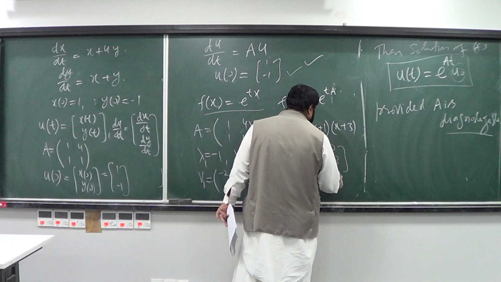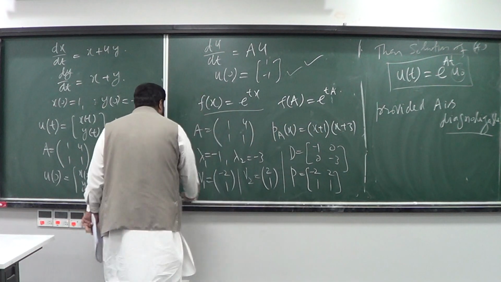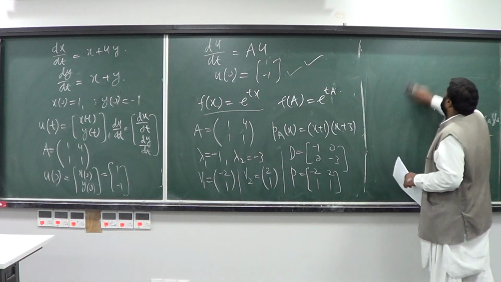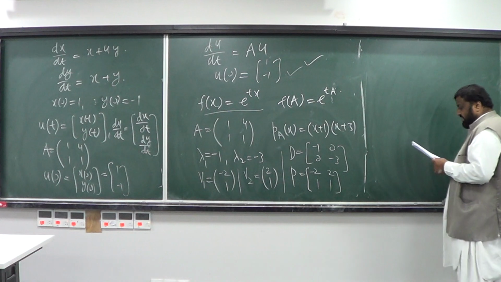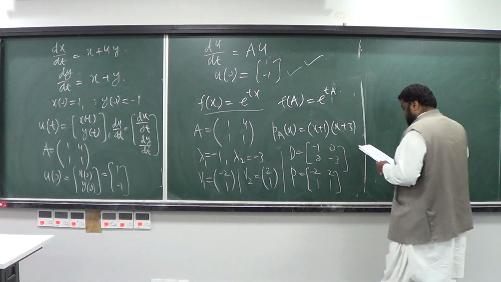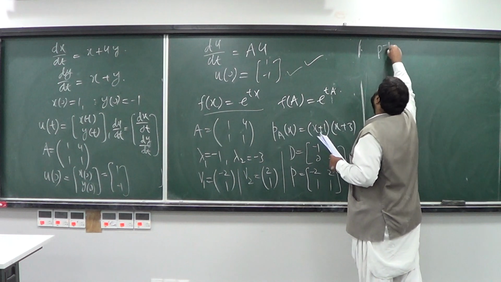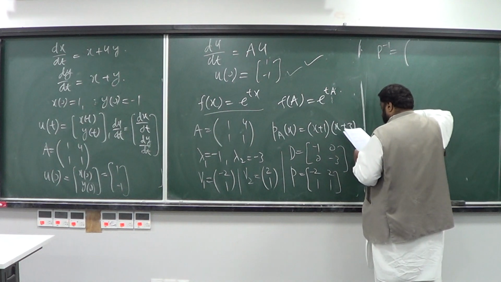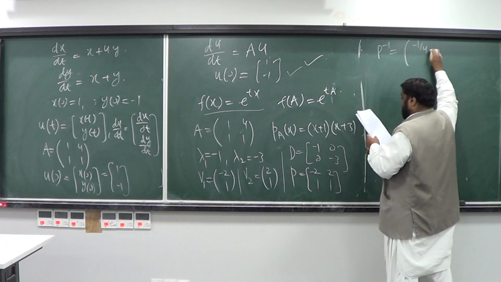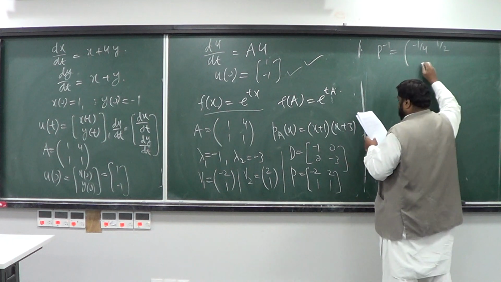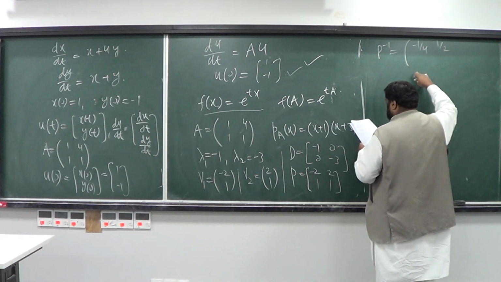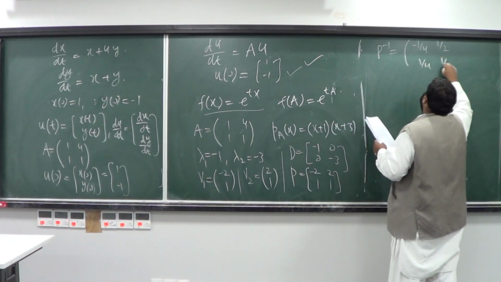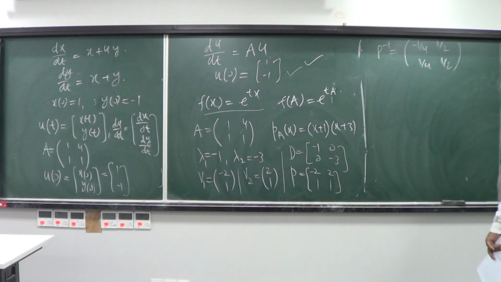So -2, 1, 2, 1. This is your matrix P. You can easily calculate the inverse of this matrix, and when you compute it, it's going to be -1/4, 1/2, 1/4 and 1/2. This is going to be P inverse.